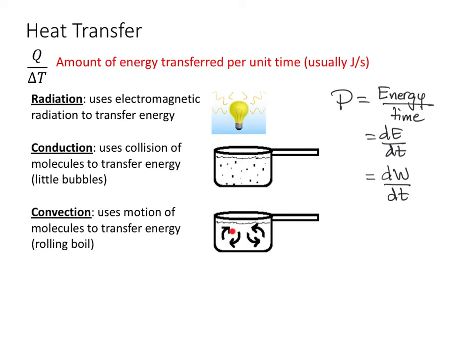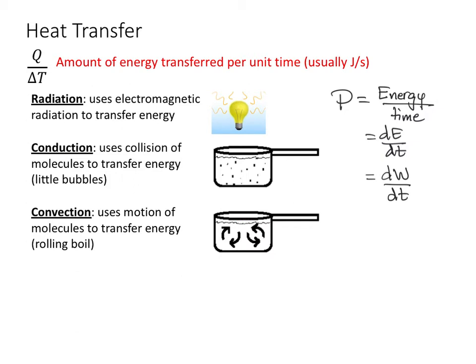Convection uses bulk molecular motion to transfer energy. So for instance, boiling water, that's convection, and that is transferring heat from the bottom of the pot where the water is hottest, through the bulk motion of the fluid, to the top.